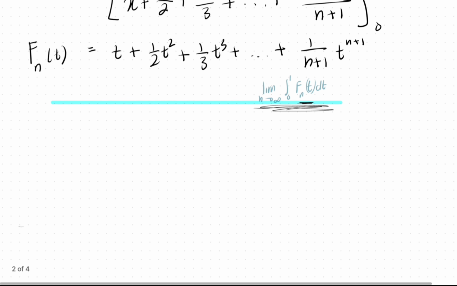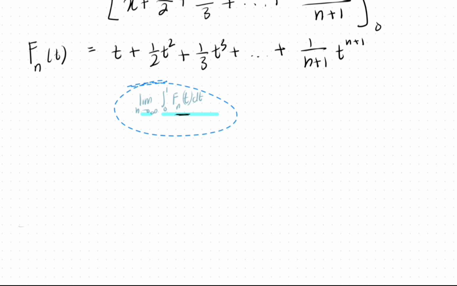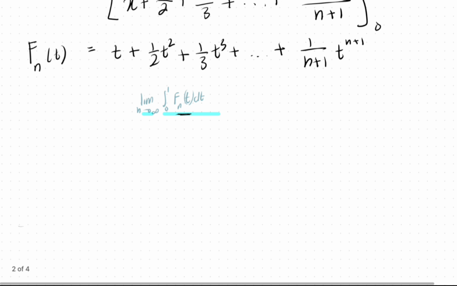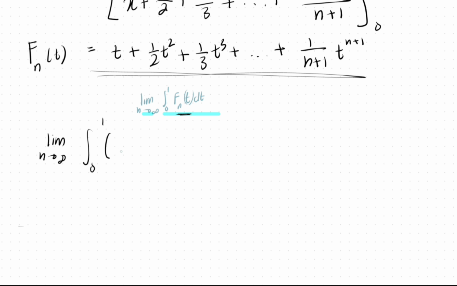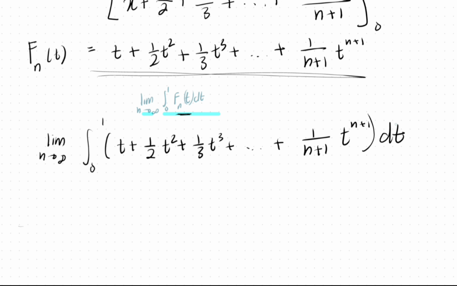Okay, now replacing that, we get the limit as n tends to infinity of the integration from 0 to 1 of capital F_n(t), which is just this, we already found that out. Let's replace that. t plus 1/2 t squared plus 1/3 t cubed plus dot dot dot plus 1 over n plus 1 t to the power n plus 1 dt.